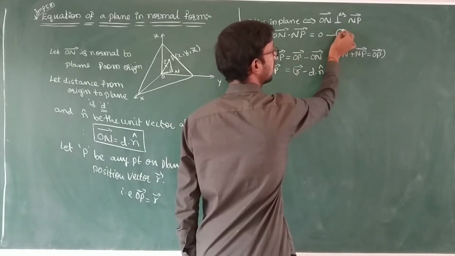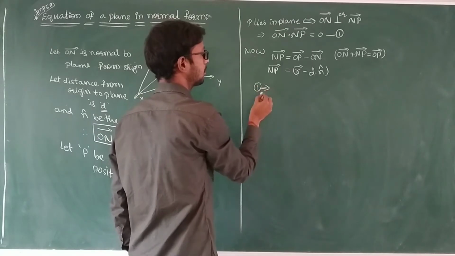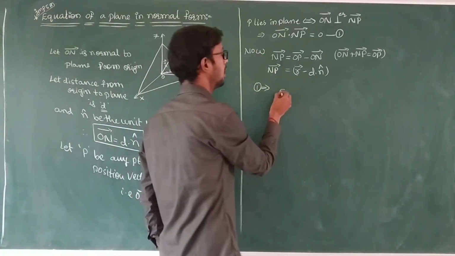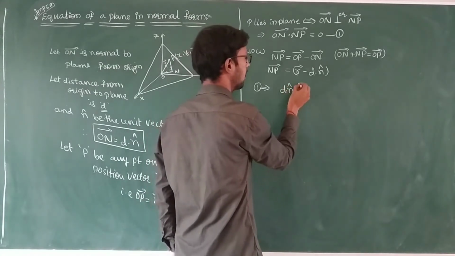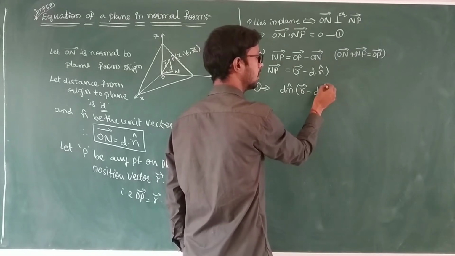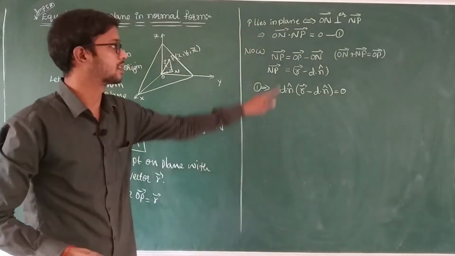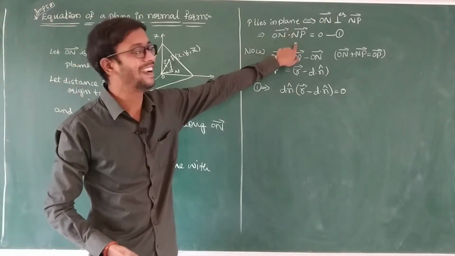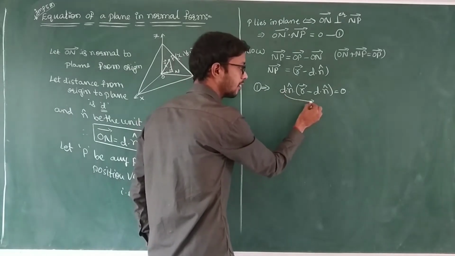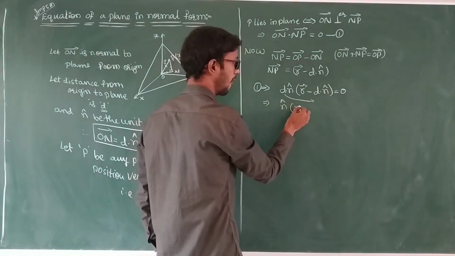This one I am taking as equation 1. This implies ON bar, which is d into n cap, dot r bar minus d n cap equals 0. Here the substitution of ON bar and NP bar is made. This d is a constant.